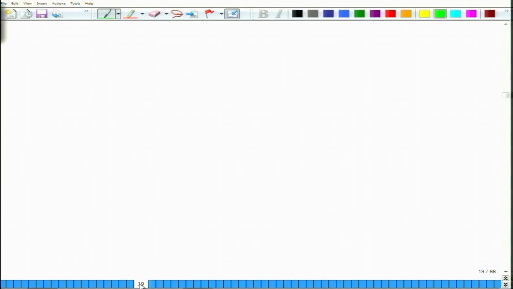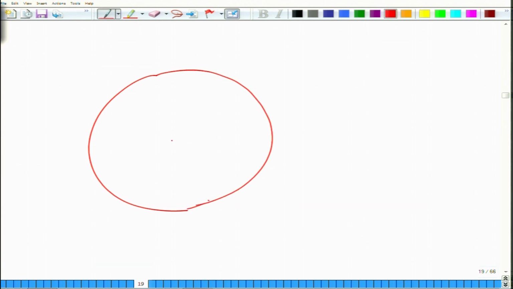Now, what does that mean? Let us consider a circular reserve of radius r. The area of this reserve will be given by pi r square, and the circumference, or the perimeter, of this reserve will be given by 2 pi r.